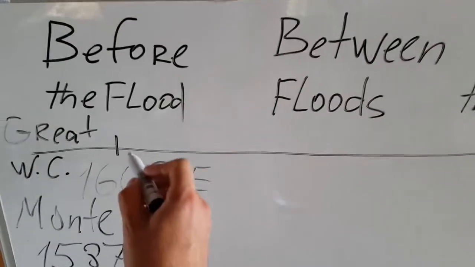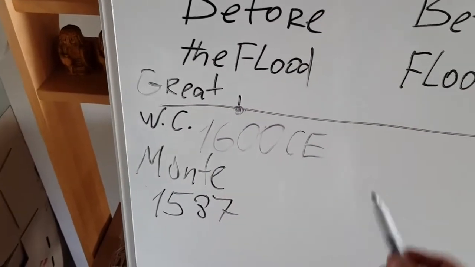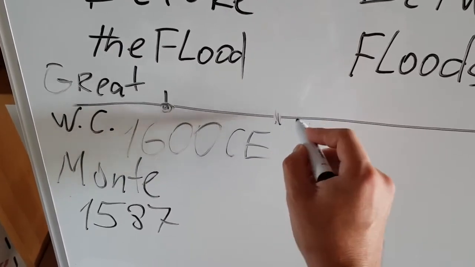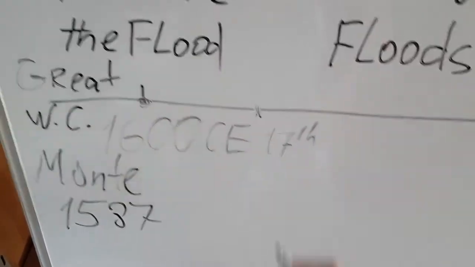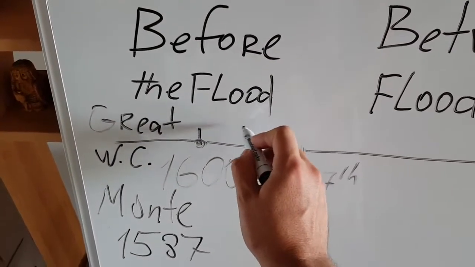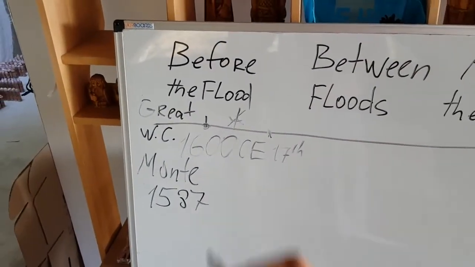So then something happened, and it could have happened at the year 1600, or let's say between 1600 and maybe 1700, 17th century. Something happened here, something big that destroyed the previous civilization.